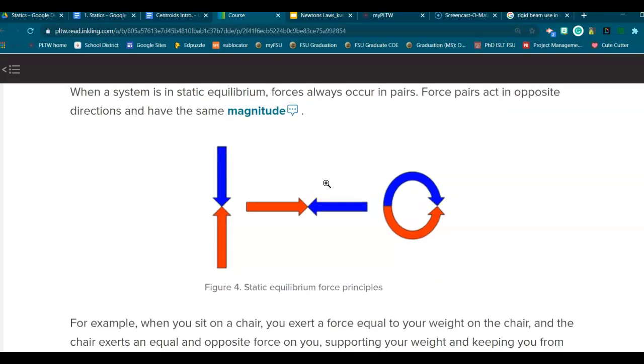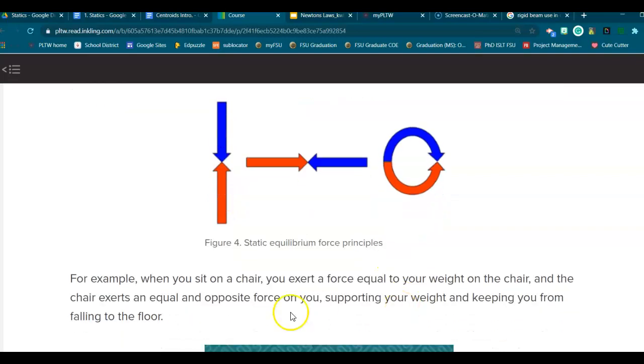Magnitude is how much something is happening to your objects. So, for example, if you sit in a chair, you put a force that's equal to how much you weigh on the chair. So if you weigh 100 pounds, you sit in the chair, there's 100 pounds of force pushing down on the chair. And the chair exerts an equal and opposite force on you, supporting your weight to keep you from falling on the floor.